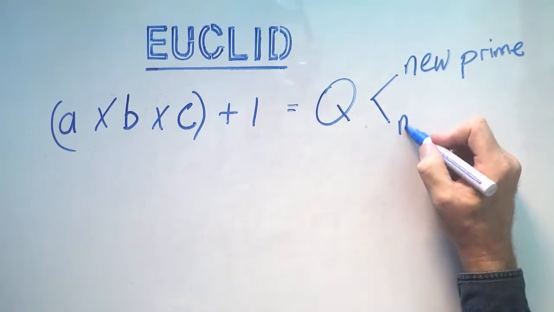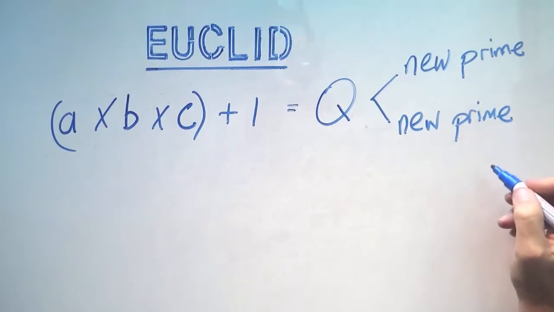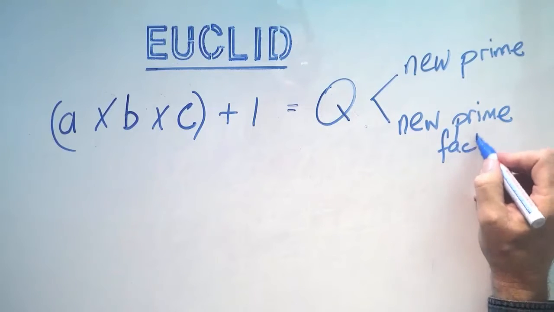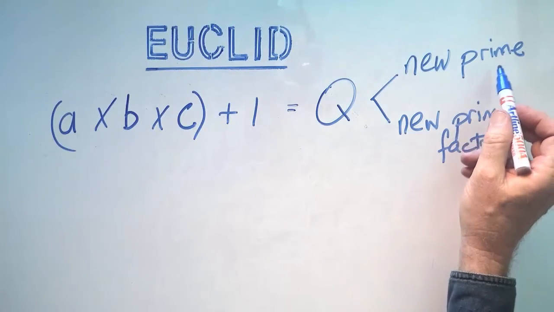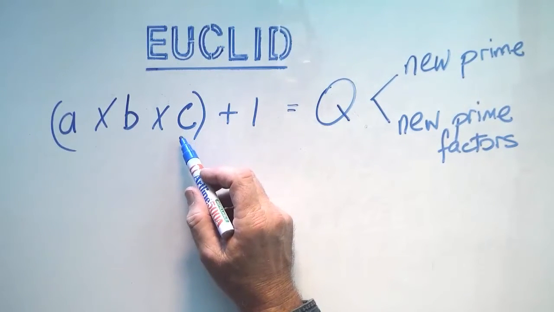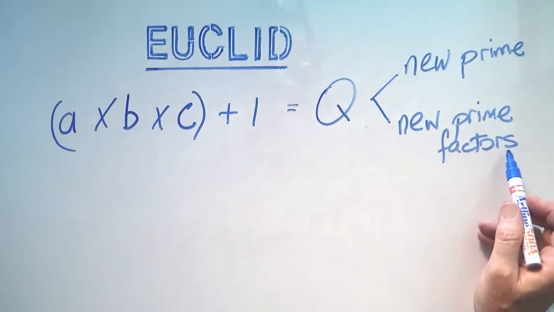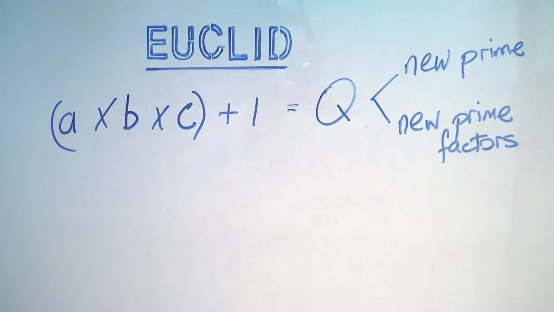Or it could have new prime factors that are not in the list. So, if it's a new prime, you can incorporate it into your list of known primes. And if they're new prime factors, you can incorporate them into your list and then repeat the process. And you can repeat it endlessly. So therefore, the primes are infinite.